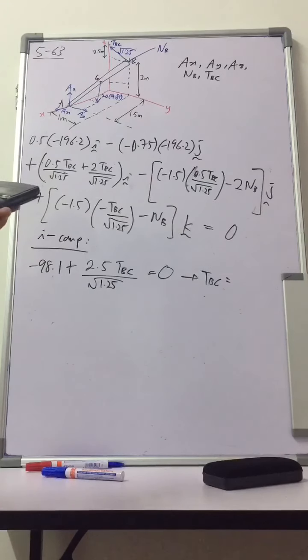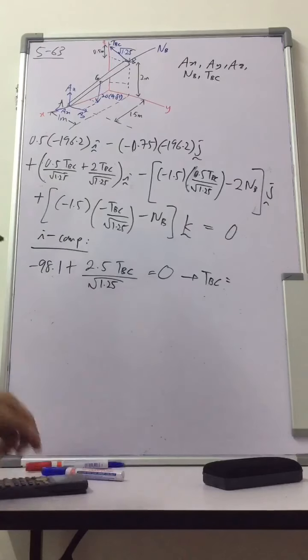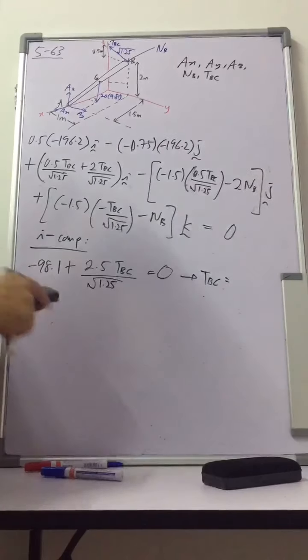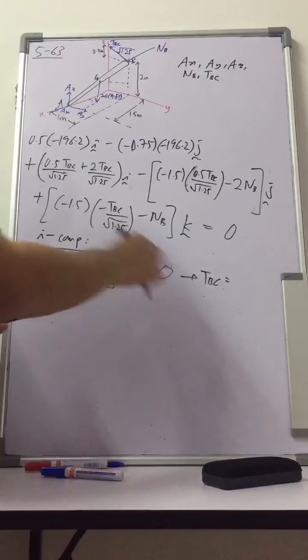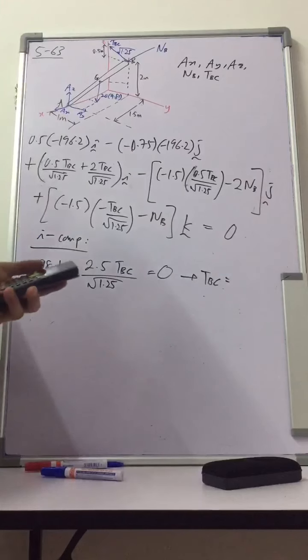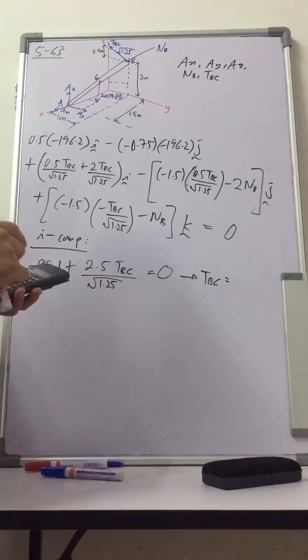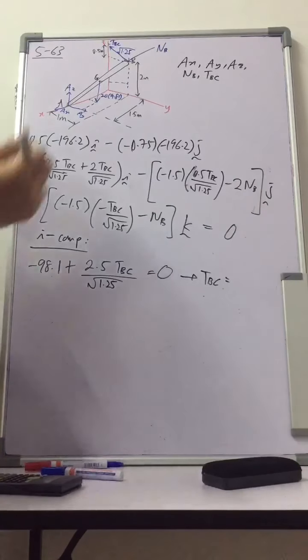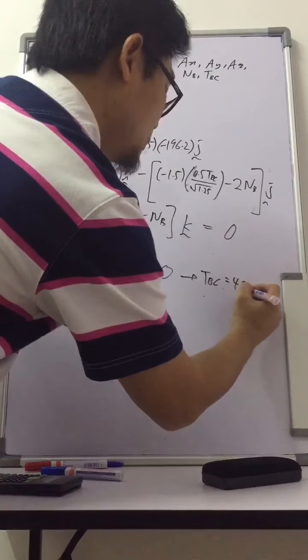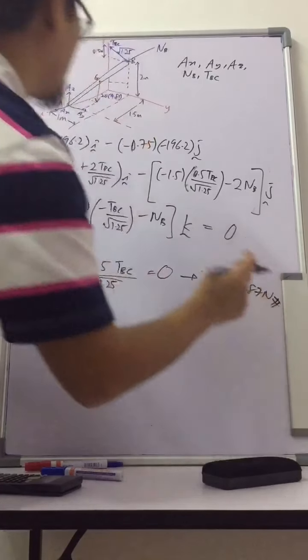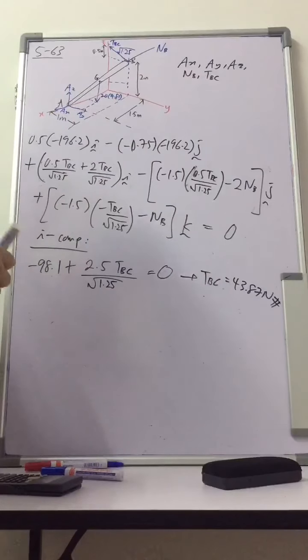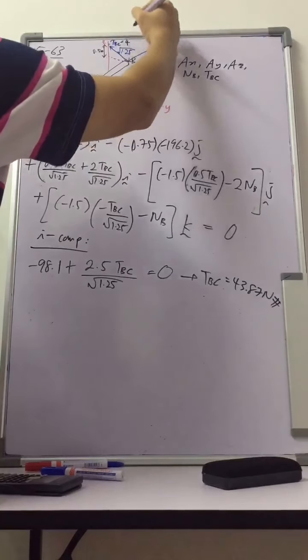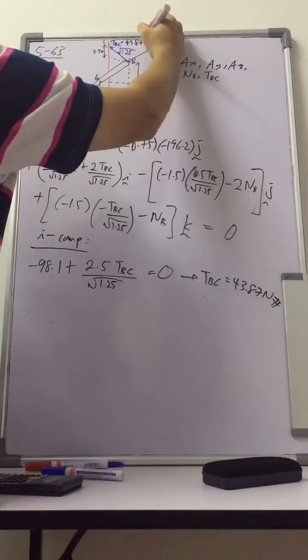Then we find TBC, okay, 98.1 times root 1.25, divided by 2.5, which is 43.87, right? So TBC is 43.87.